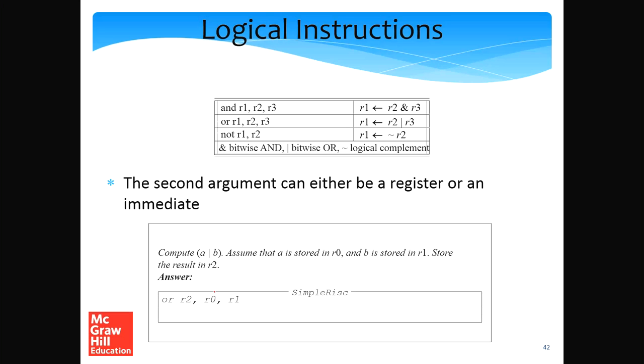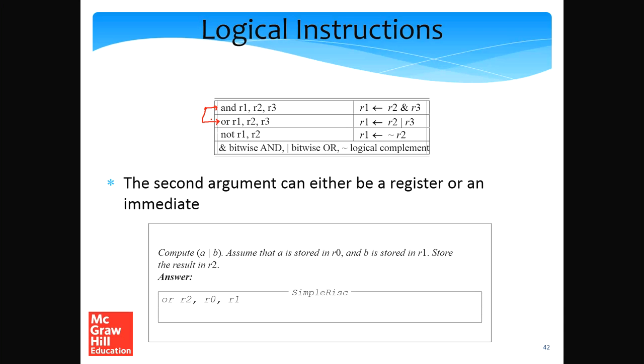Now let's move ahead in our journey of introducing instructions and introduce 3 more. These are logical instructions which compute a bitwise AND or an OR or a NOT. The AND and OR operations are exactly in the same vein in the 3-address format as the add, subtract, multiply operations.